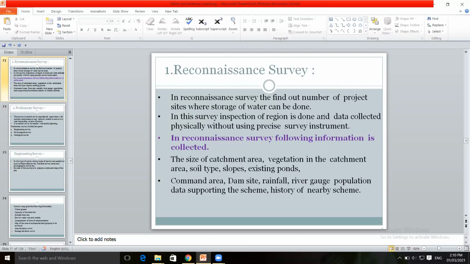In this survey, to find out the number of project sites where storage of water can be done, the number of project sites are surveyed along the length of the river, to find which location is suitable for supply of water that will fulfill the objectives of supplying water, irrigation.